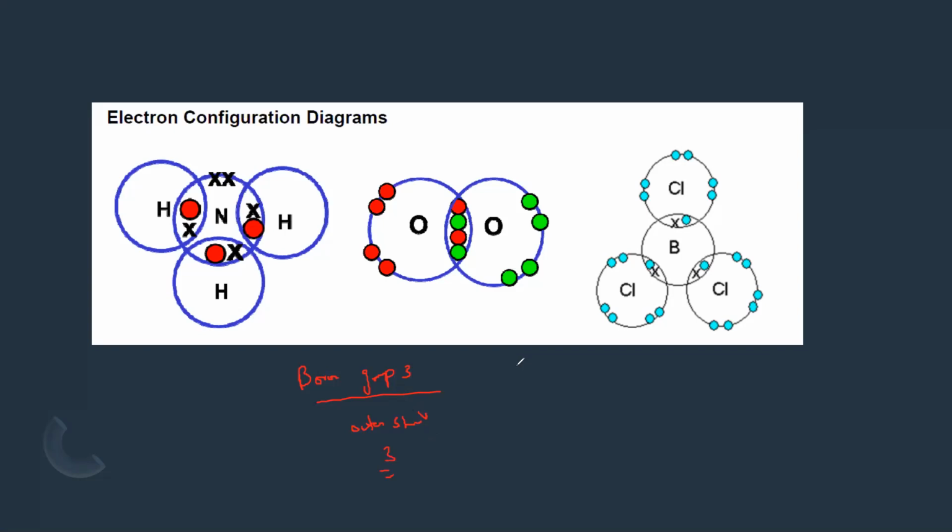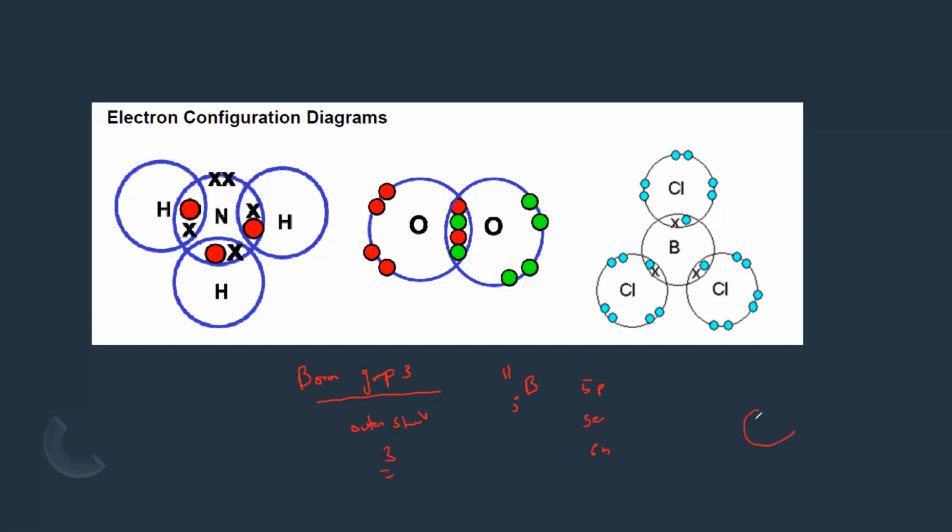The reason is that when you write the atomic number for boron, it's 5 and the atomic mass is 11. So the number of protons is equal to 5, the number of electrons is also 5, and the number of neutrons is 11 minus 5, which equals 6.